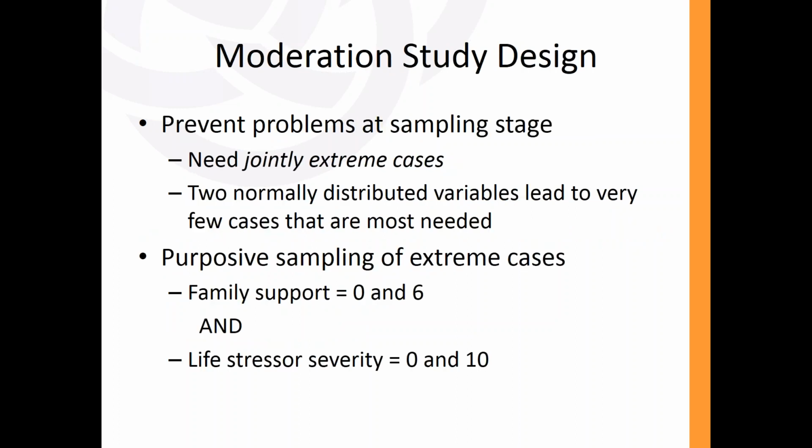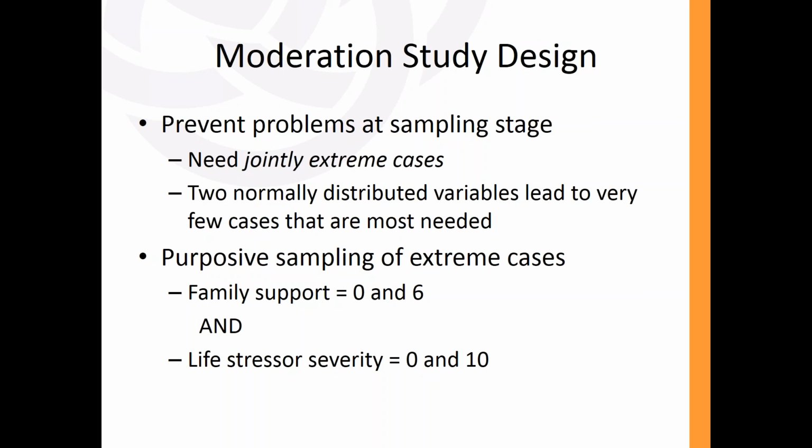With moderation, it's very important to note that it's difficult to detect moderation effects statistically. And in order to prevent type 2 errors, which is where you fail to detect an effect that is actually real, you have to do what's called purposive sampling.